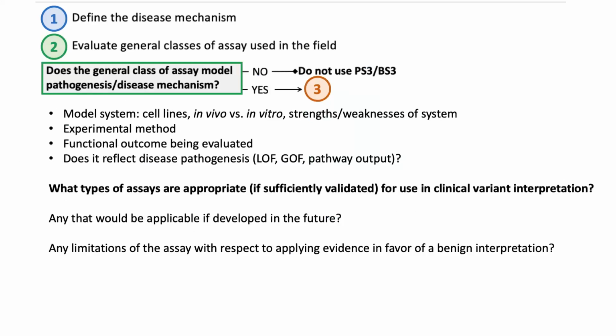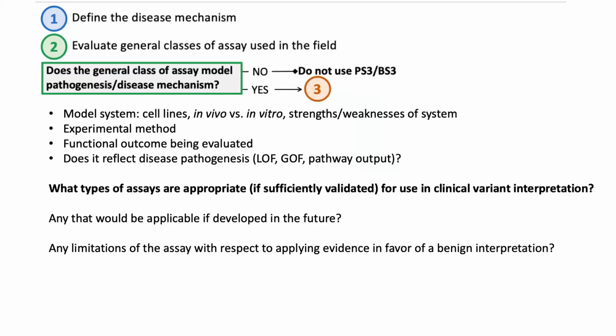What are the experimental methods that are being used? What's the functional outcome being evaluated? Does that reflect the disease pathogenesis, such as loss of function, gain of function, or the output of the functional pathway that's involved? Ultimately, the goal is to identify what types of assays are appropriate, if they're sufficiently validated, to be used in clinical variant interpretation.